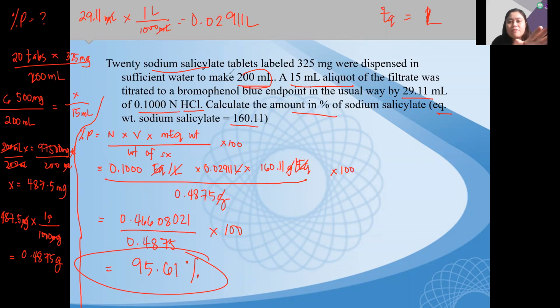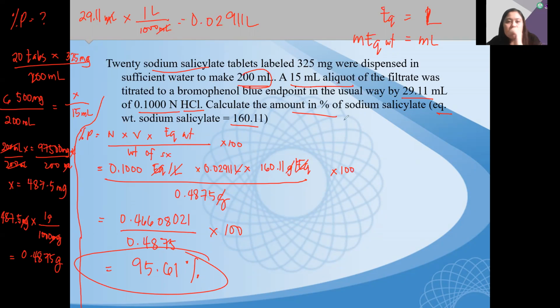Bakit ako nag-convert? Kasi yung given is equivalent weight. Again, ang partner ni equivalent weight ay liters. We will just use ml if we are going to use the milli-equivalent weight. So I should have edit this pala. This should be equivalent weight.